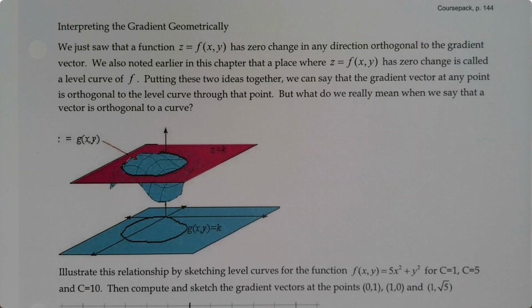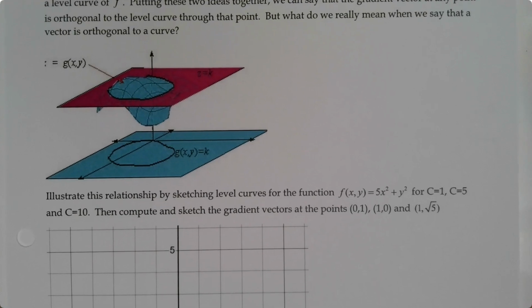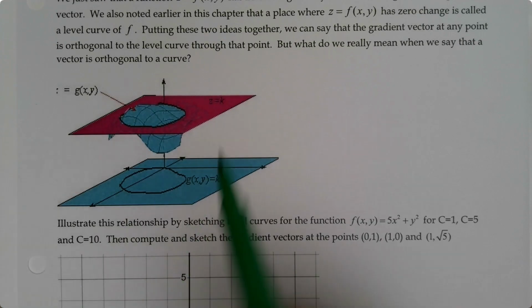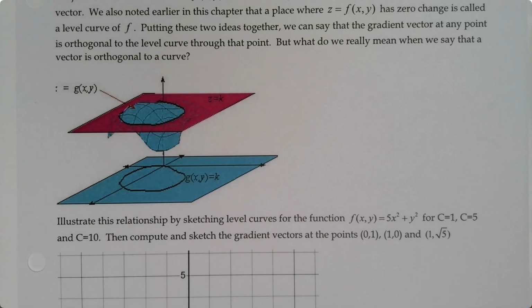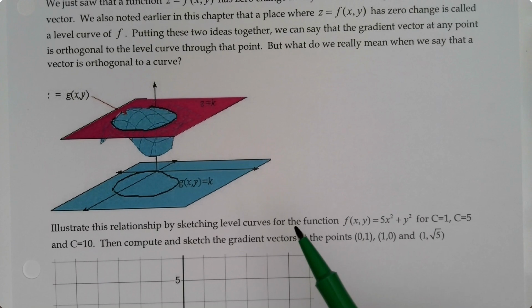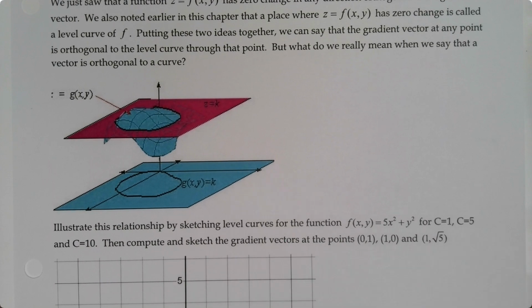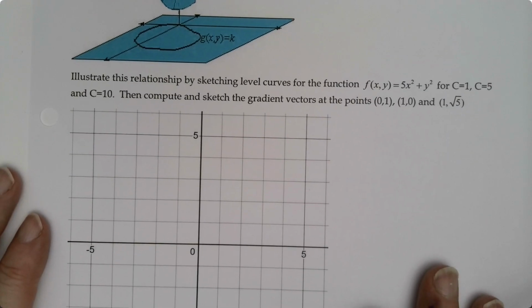And so if it has 0 change, that means the direction's orthogonal to the gradient, right? So putting this all together, what do we really mean when we say that the vector is orthogonal to a curve? What we're saying is that it's orthogonal to the level curve, right?